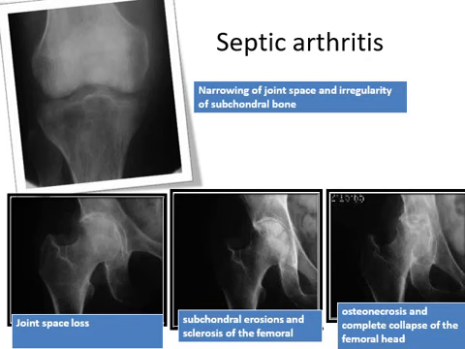You can recognize septic arthritis on X-ray as well, but it's at a later stage, and this can be detected by osteopenia and narrowing of the joint space. But the hallmark of septic arthritis is evident in more neglected cases.